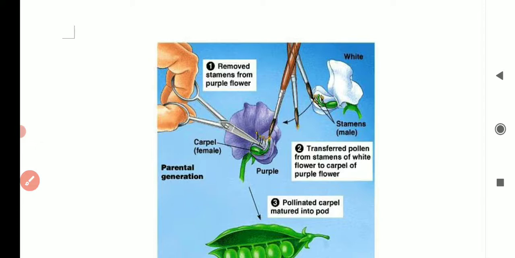And then on pollination, the zygote will form, then the zygote will form a seed, then the seed will form the pod, no? Then you get the mature pea plants.